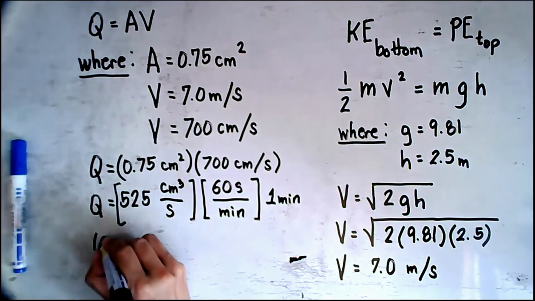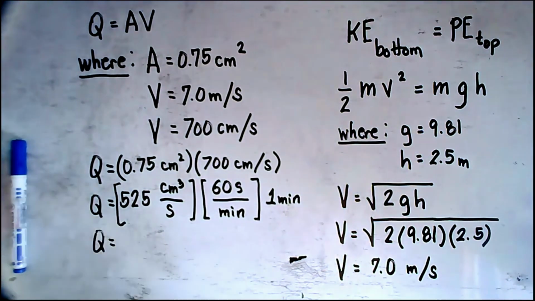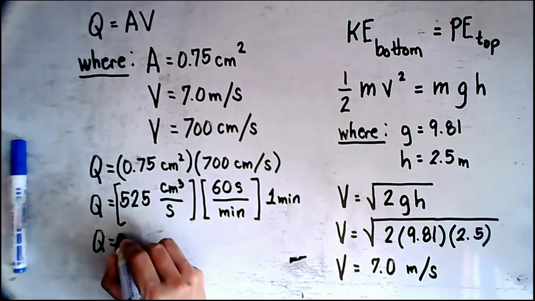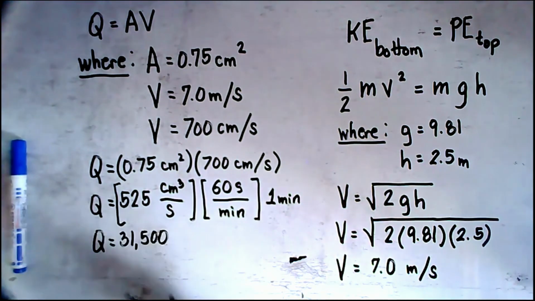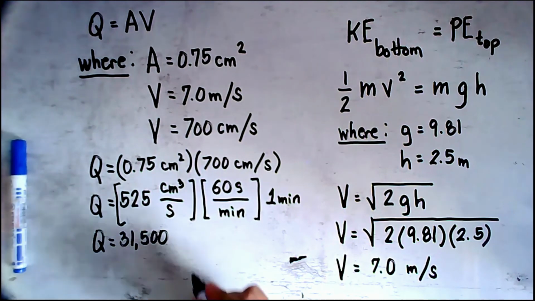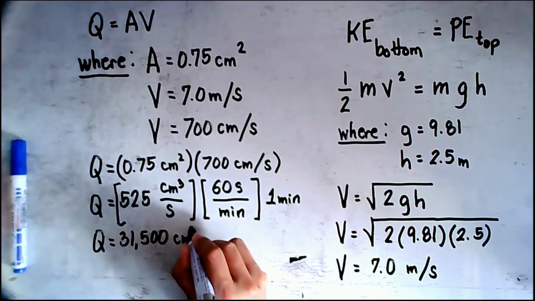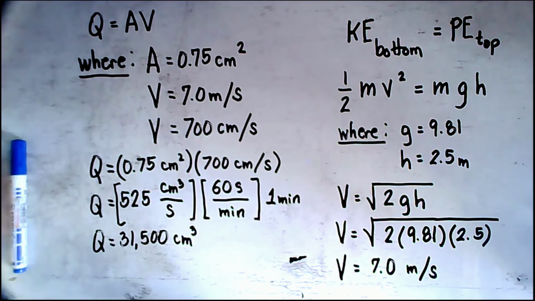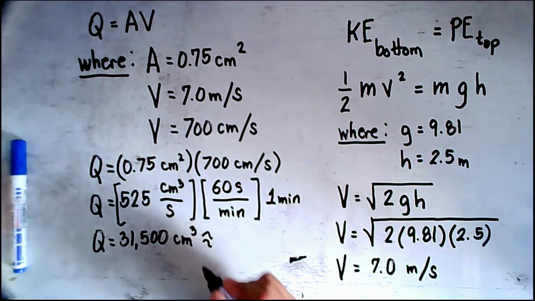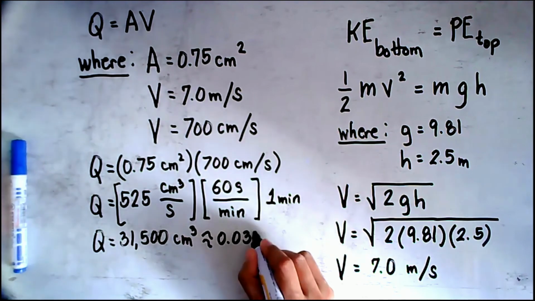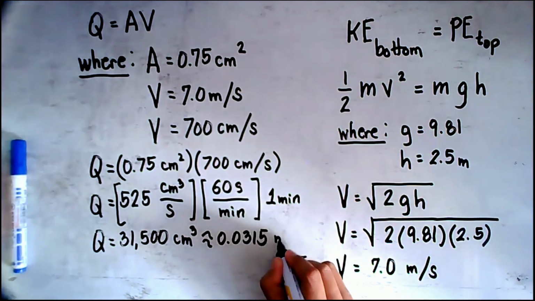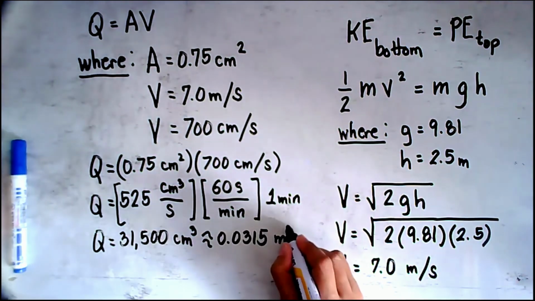That gives us a value of Q equal to 31,500 cubic centimeters, or that is equivalent to 0.0315 cubic meter.